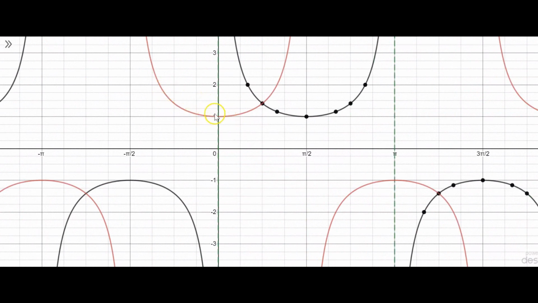Secant of x hits its low point on the first curve here, goes down to 1 when x is equal to 0. But cosecant comes down to 1 where x is equal to pi over 2. And there's a good reason for that, because cosecant is related to sine.